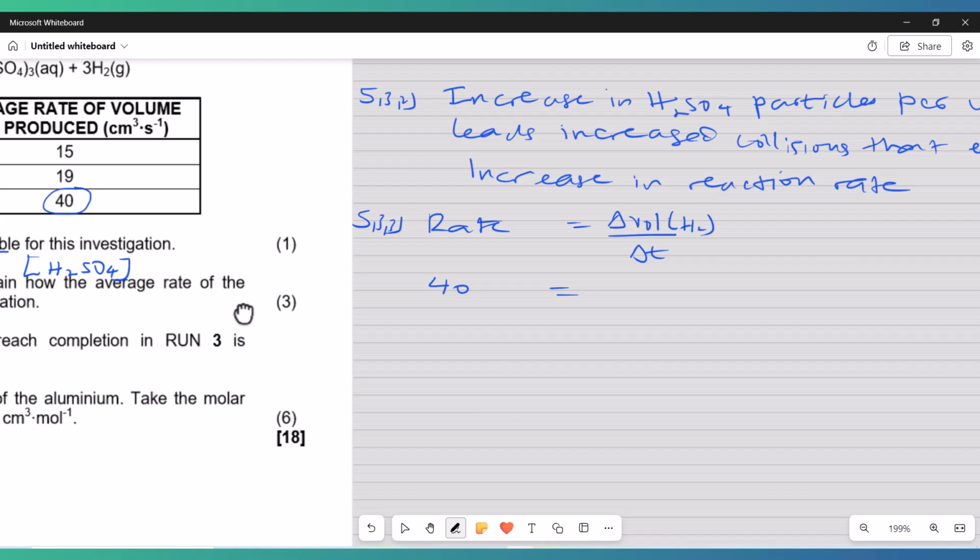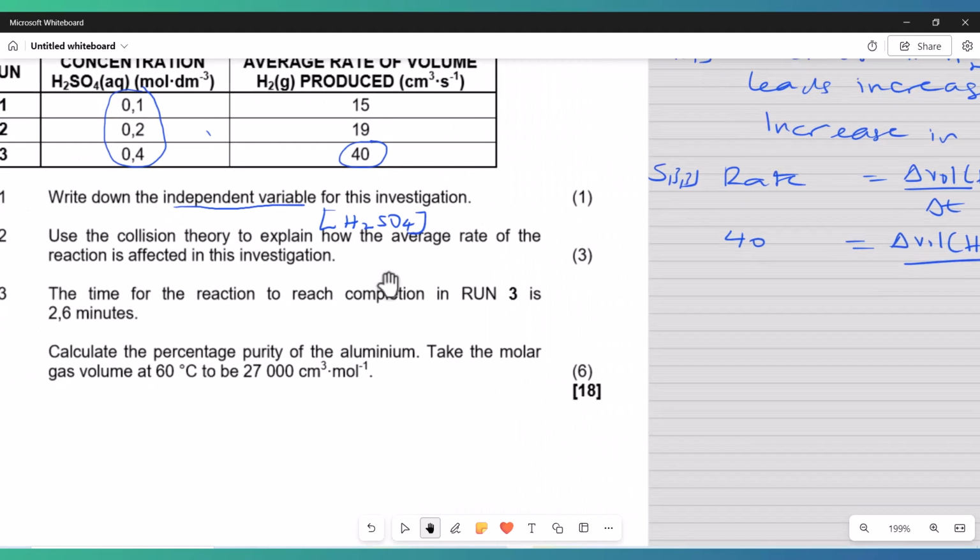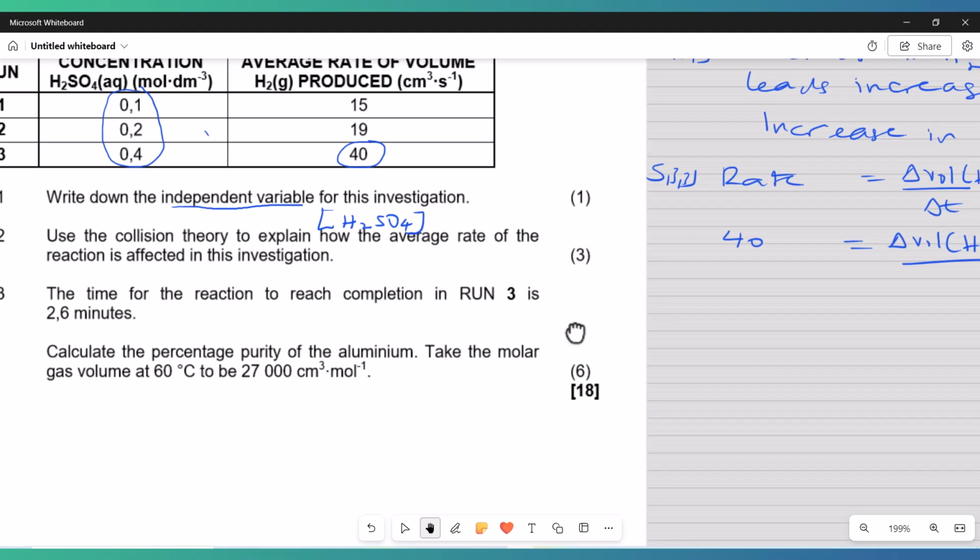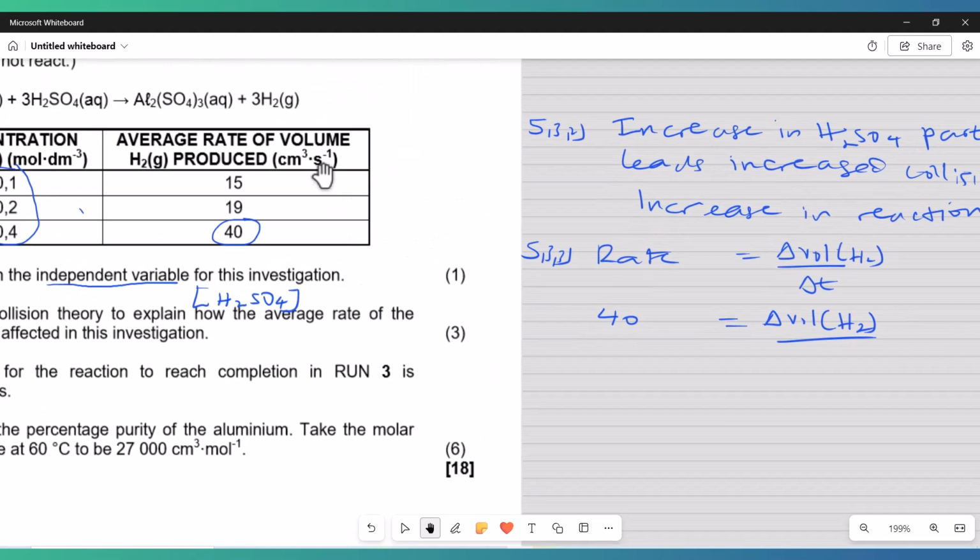And it takes how much time? They said that it takes 2.6 minutes. So divided by 2.6, but because this is per second, I must convert from minutes to seconds.